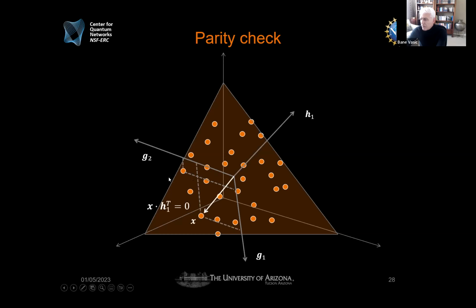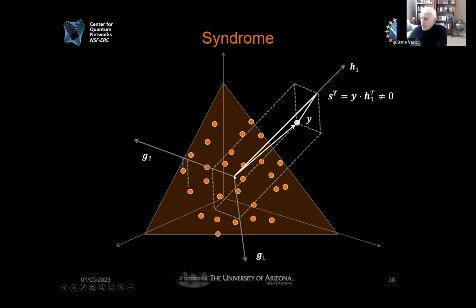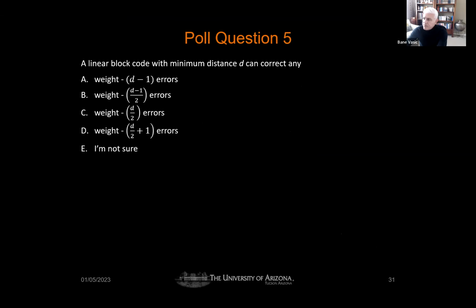So any code word here will result in 0. This corresponds to 0 syndrome. However, if I have an error and I transmit a code word in this subspace, but I receive a code word that is not in this subspace, then projection to H1 will result in a syndrome that is non-zero.